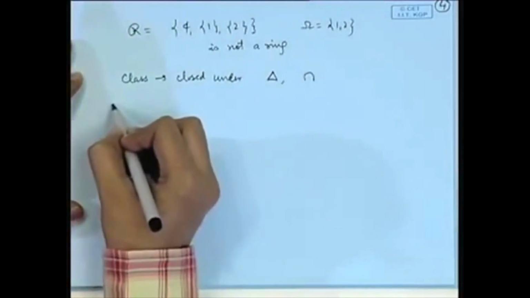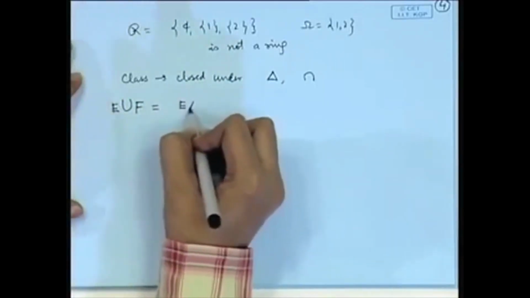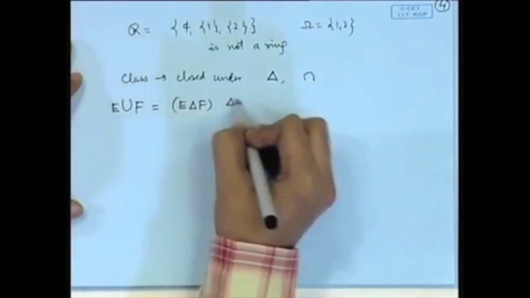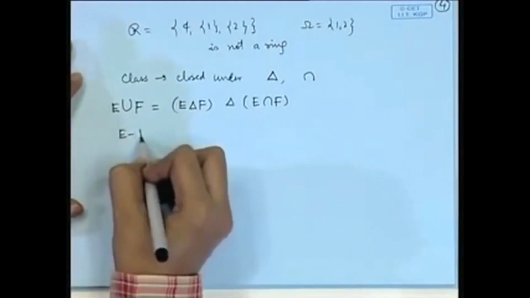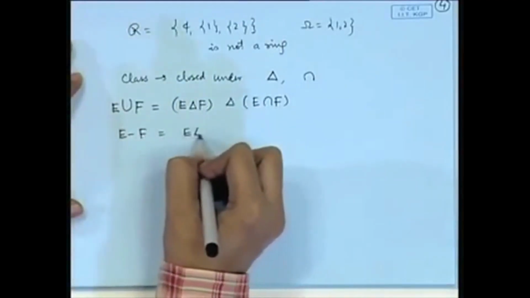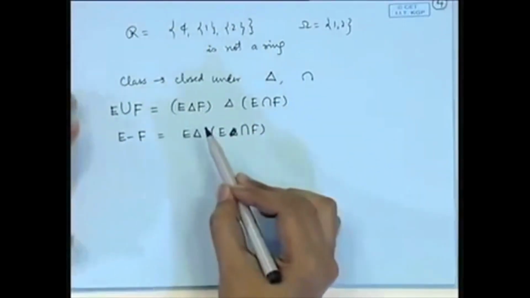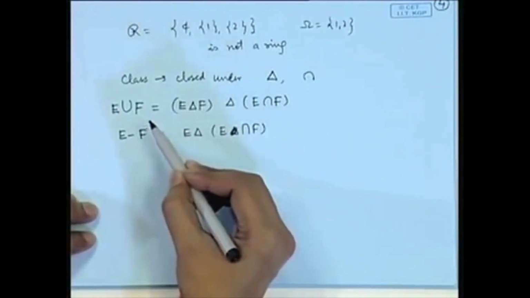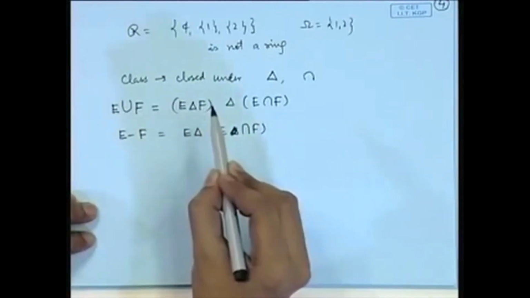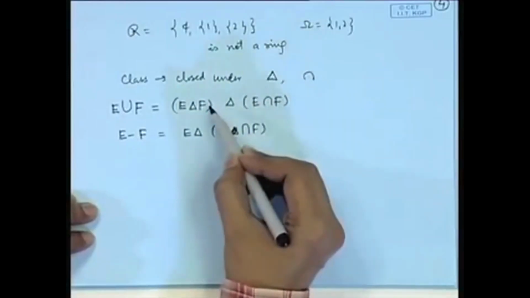For example, if I consider E union F, it can be represented as E delta F delta E intersection F. Similarly, E minus F I can write as E delta of E intersection F. So you can see that the class of sets which are closed under the formation of symmetric differences and intersections is a ring.